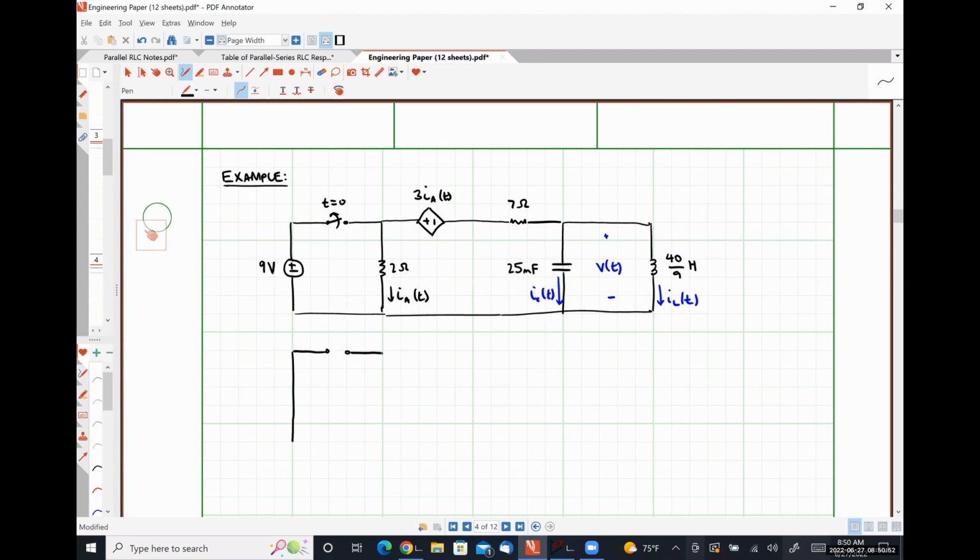Our switch is open during the transient condition, so that's why I have that open circuit. I have my 2 ohm resistor carrying some current IA, which is the controlling parameter for this dependent source.